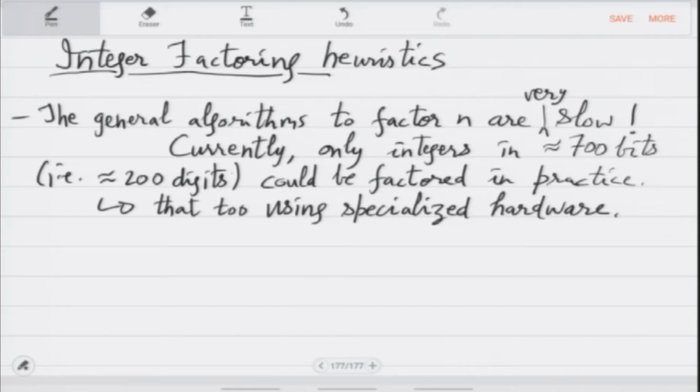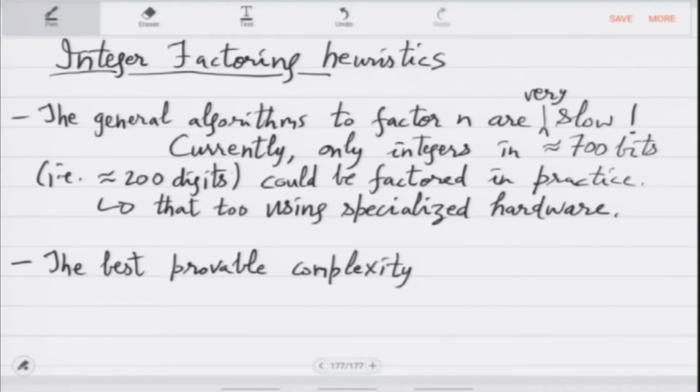Theoretically, the situation is quite bad. So the best provable complexity that is known is expected time. So all these are randomized algorithms, heuristics.